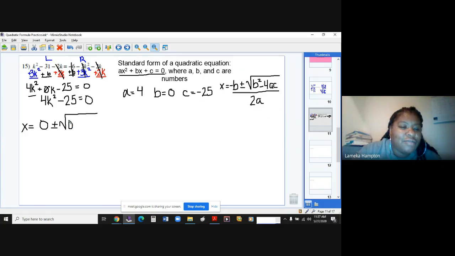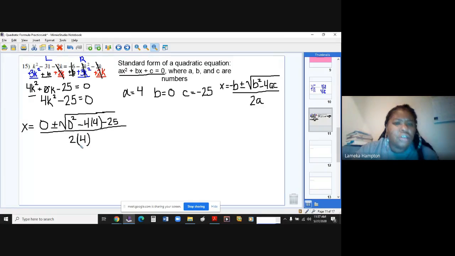So I have 0 squared minus 4 times a, which is 4, times negative 25. And all of that is going to be over 2 times 4. Okay. And that is a parenthesis.